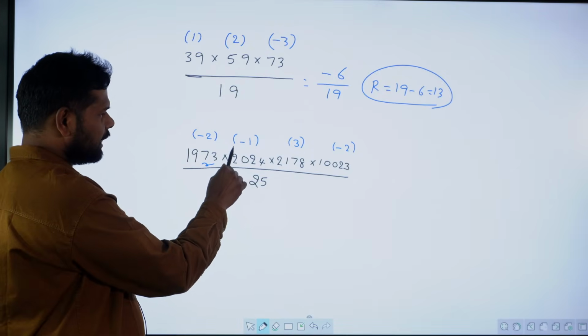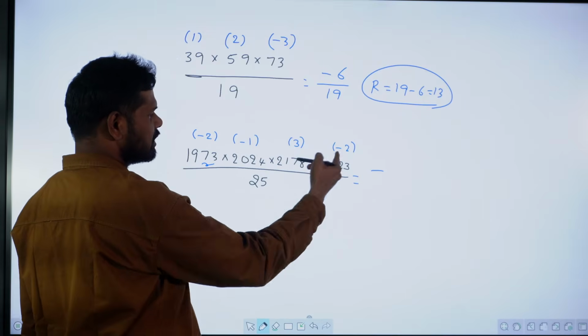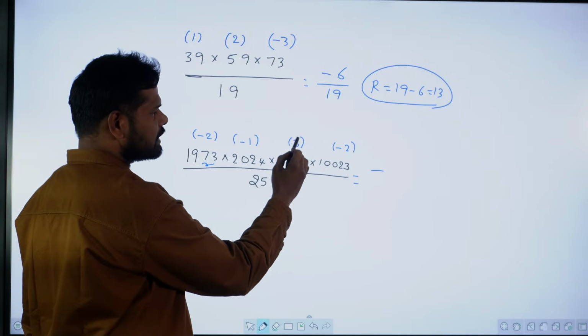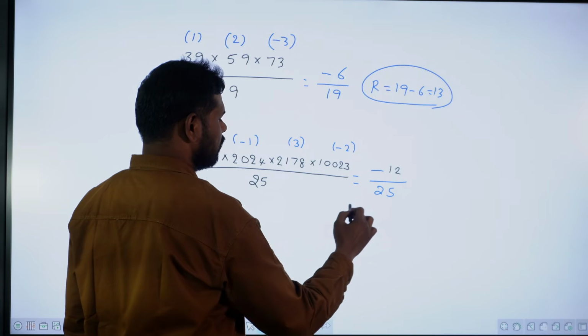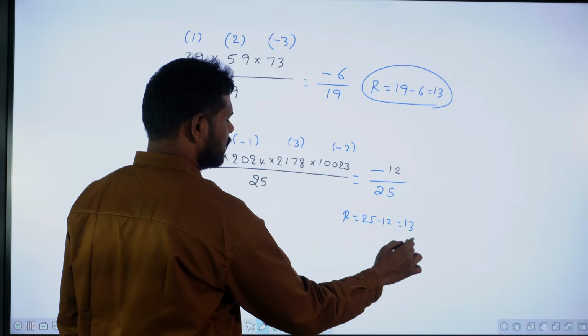So minus into minus is plus, into plus, into minus, minus. So 3 minuses are there, that's why minus. And 2 into 1 is 2, 2 into 3 is 6, 6 into 2 is 12. Minus 12 by 25. What is the remainder? 25 minus 12 is 13.